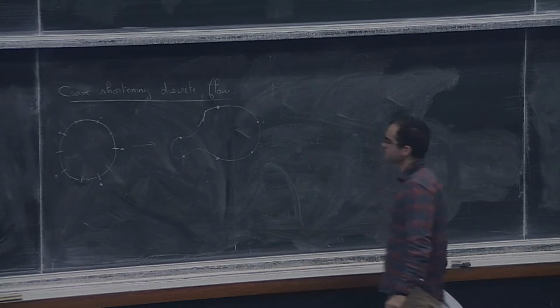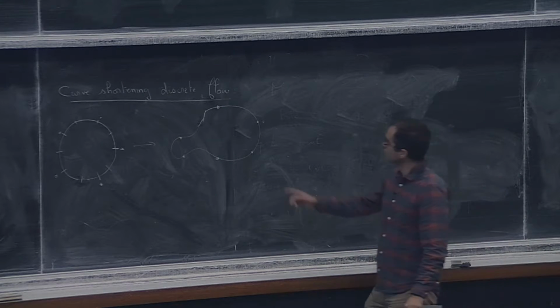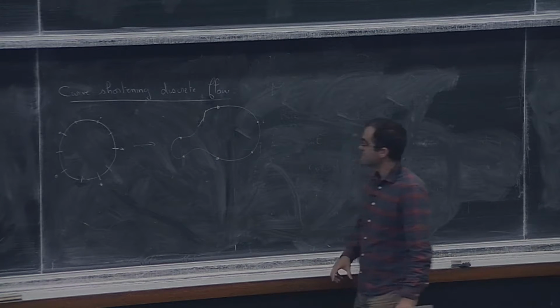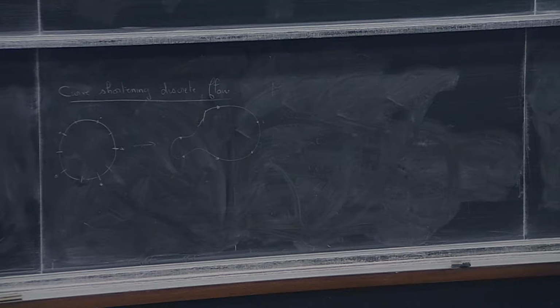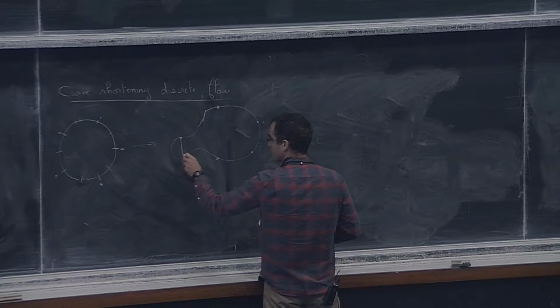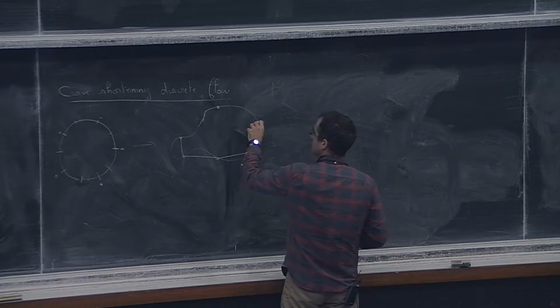And there. And you say, okay, one thing that I can do is to replace that curve by a curve which is made only by geodesic arcs. And so what I do is the following thing. I replace this curve by this one.